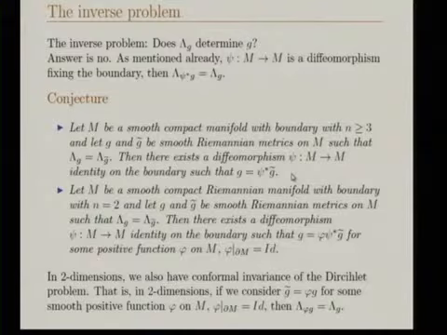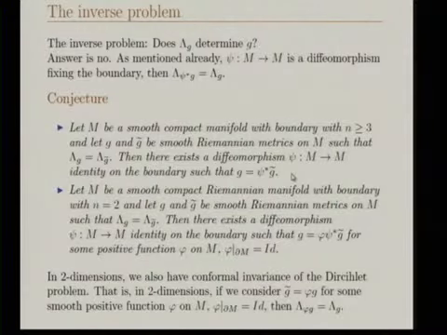So if you consider the same problem as before, that is, you have a compact Riemannian manifold, and then you have the Dirichlet-Neumann maps corresponding to 2 different metrics, then does it imply that there exists a diffeomorphism and a smooth positive function phi that's identity on the boundary, such that G is, so it's not just the pullback of G tilde, but because of this conformal invariance, you can also have this phi there.